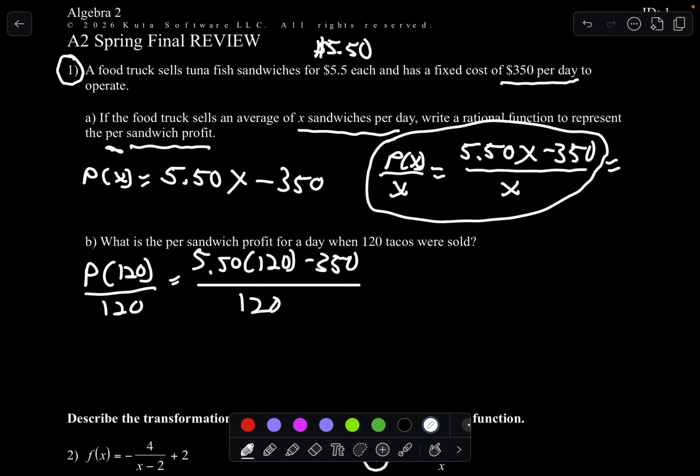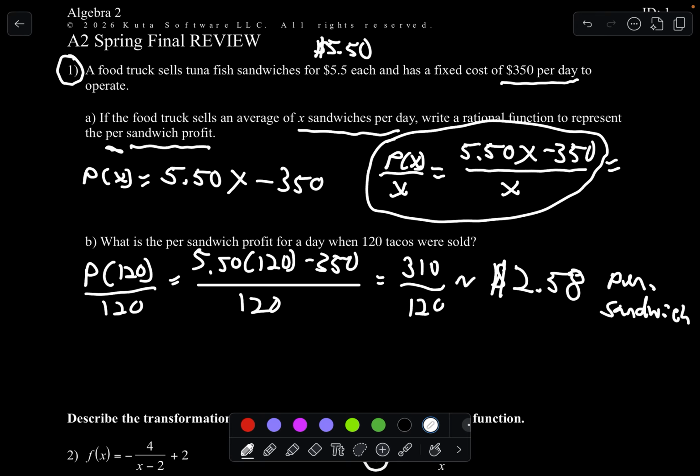Okay, so I want to know what 5.50 times 120 minus 350 equals: 310, divided by 120, which works out to $2.58 per sandwich. That's how much profit you would get from each sale of the sandwiches.